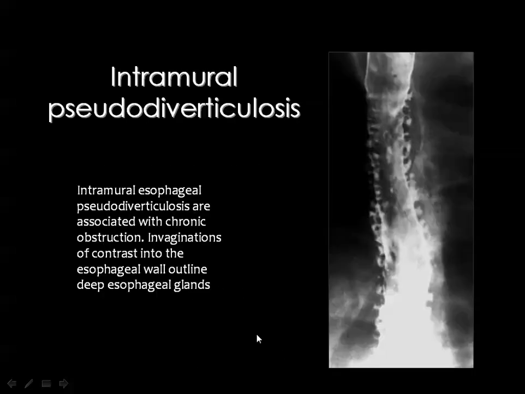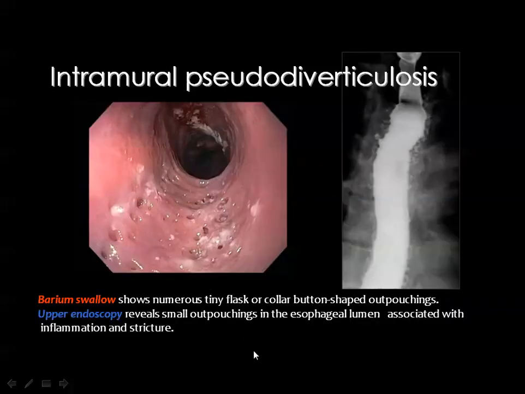Then you come to the rare condition which is known as intramural pseudodiverticulosis. The diverticuli are associated with chronic obstructive changes, and it represents the passage of the barium through the wall of the esophagus, forming these pockets filled with barium.